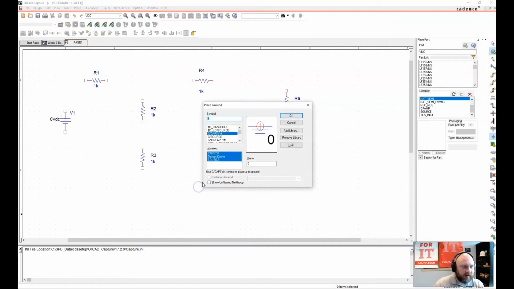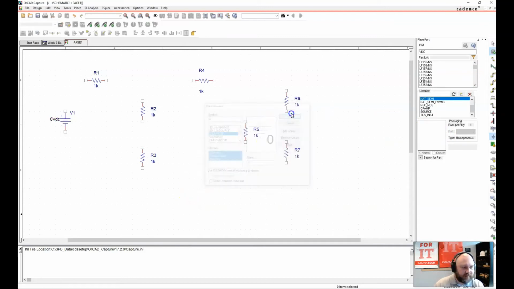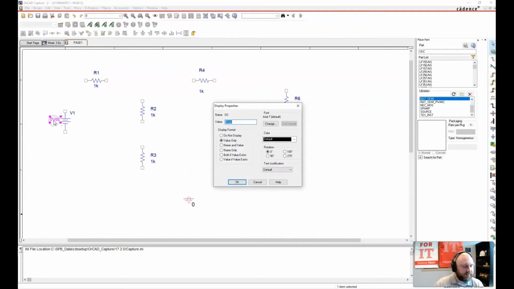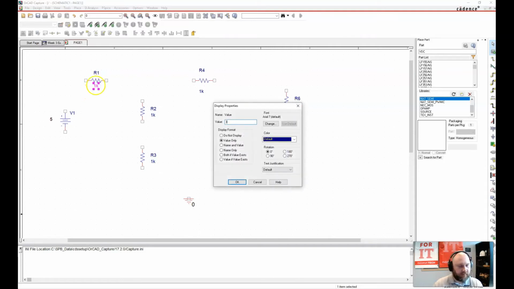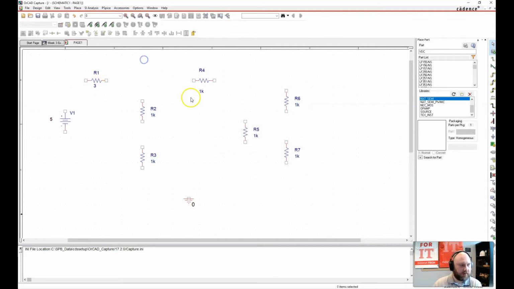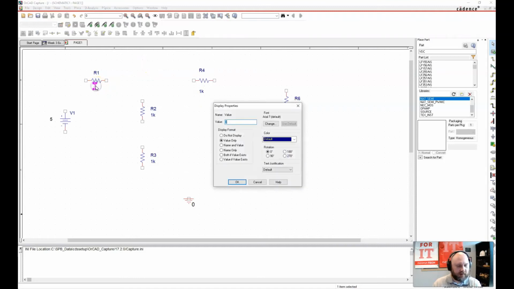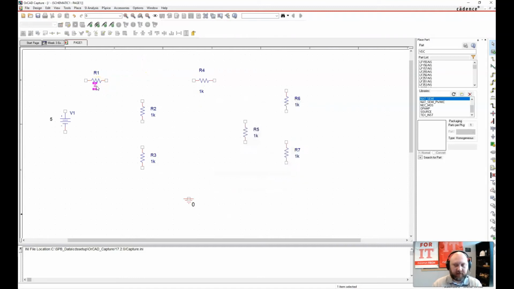All right, make sure to add a ground, 0 capsim, and then I'm going to go ahead and change all my values here. So this is 5 volts. Do that by double clicking, of course. 4. Typed in the wrong number.